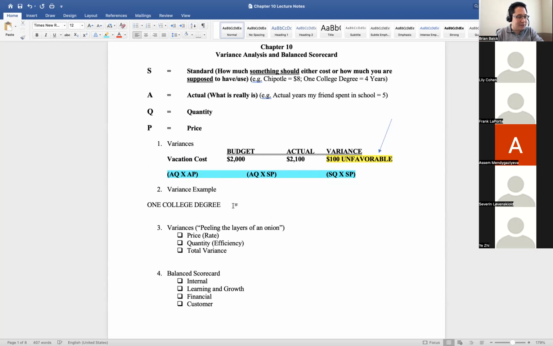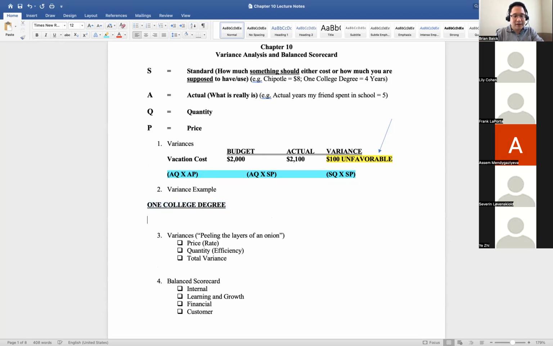One college degree. That's what everybody here is trying to do, so that's why it's a good example. I'm just going to copy the formula and see if we can use it. AQ times AP.